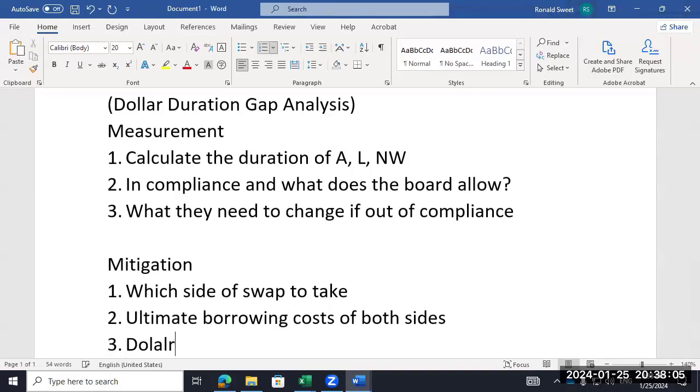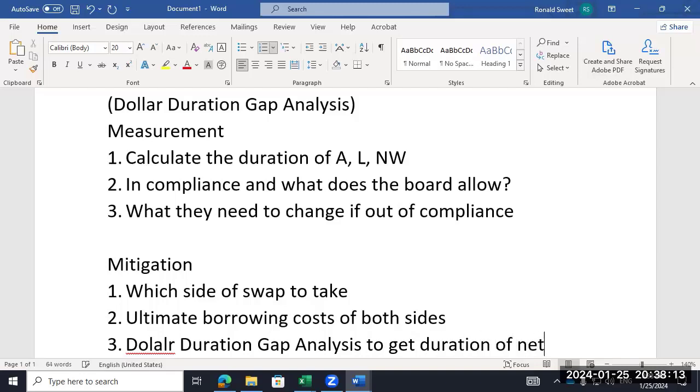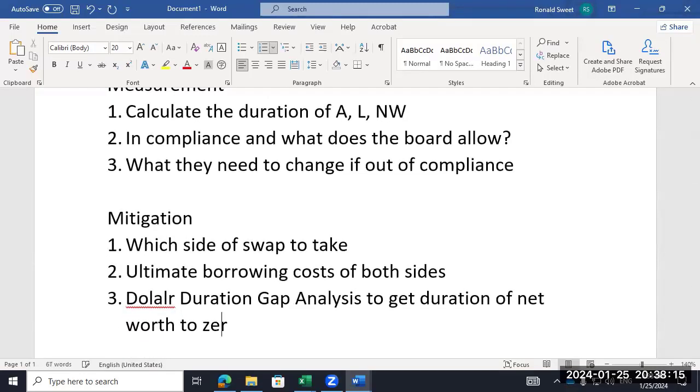And then we're going to do dollar duration analysis, net duration, net worth is 0. So those are the steps we're going to take. It's a really simple problem, but you have to get used to it. So we just have to do it over and over and get some practice.